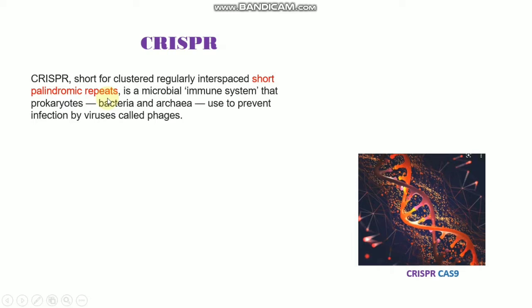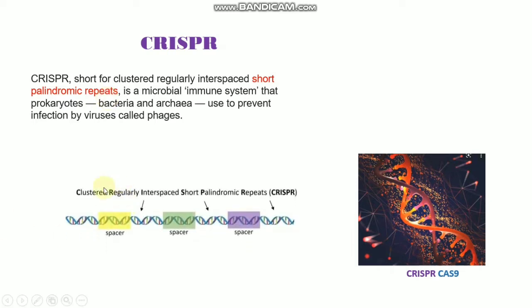So this is the CRISPR. If you have a closer look at this figure, it might be more clear. That is clustered regularly interspaced short palindromic repeats, in short, CRISPR.